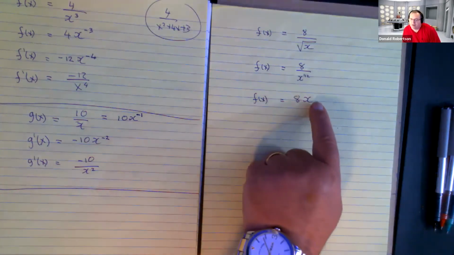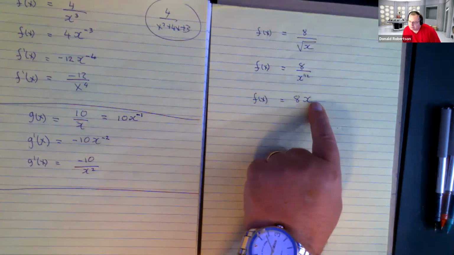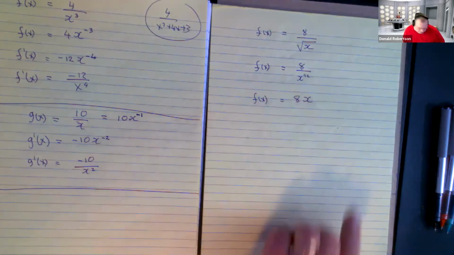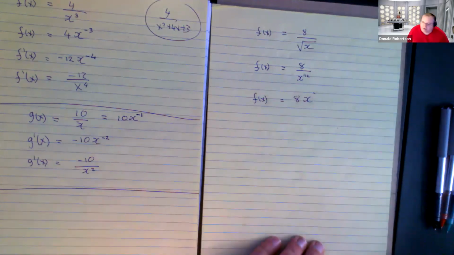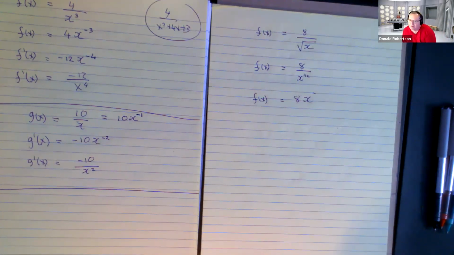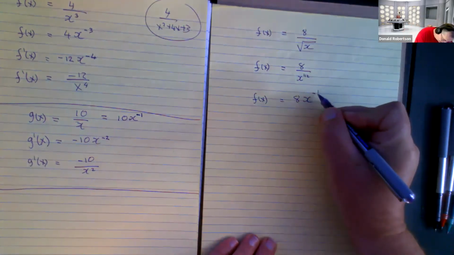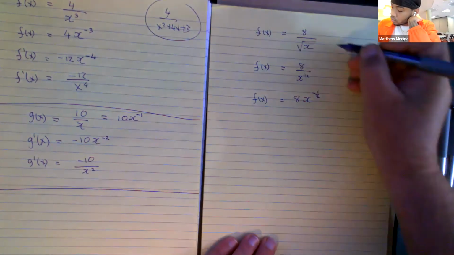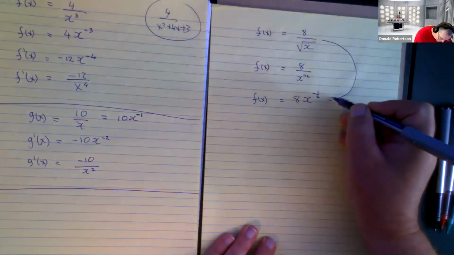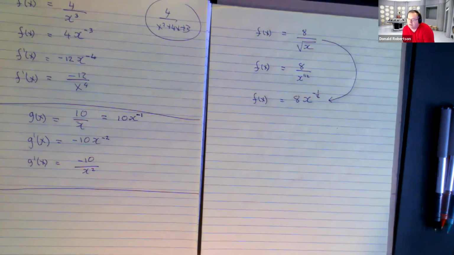This now needs to become, right, a power. And it's pretty much guaranteed, isn't it, that it's a negative power? And would you also agree it's -1/2? So are you comfortable about how you get from there to there? Right, 8 over the square root of x is written as 8x to the -1/2 power.